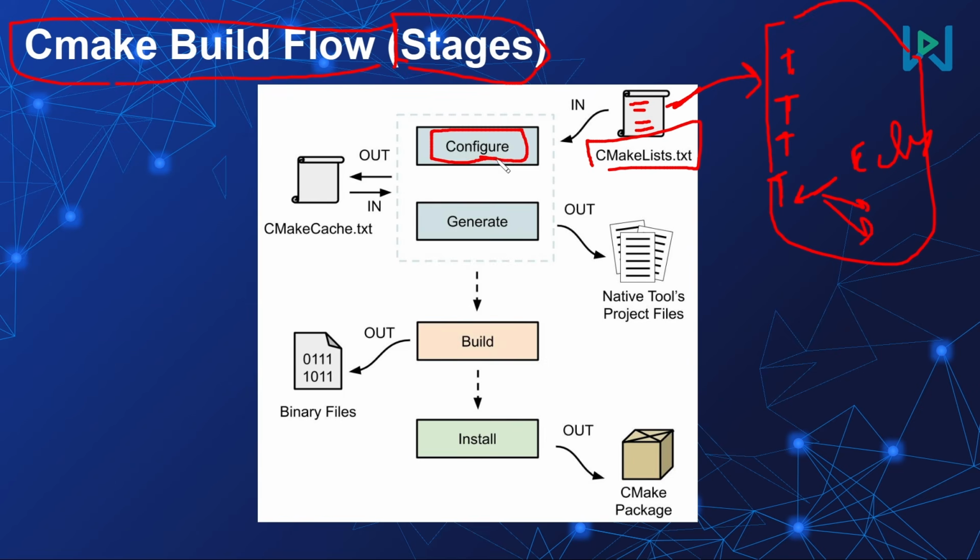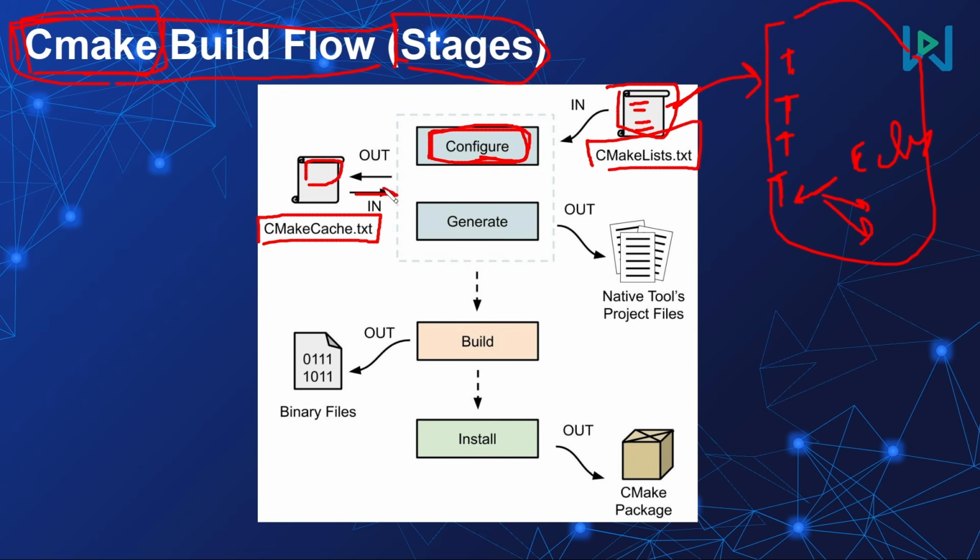The parsing and the translation of these inputs to a kind of internal representation that CMake can understand is done at the configure stage. So the configure stage consists of parsing this initial CMake list, then translating all the inputs given by the user to a set of internal representations and dependencies that CMake can understand. And this will be written within the CMake cache file.